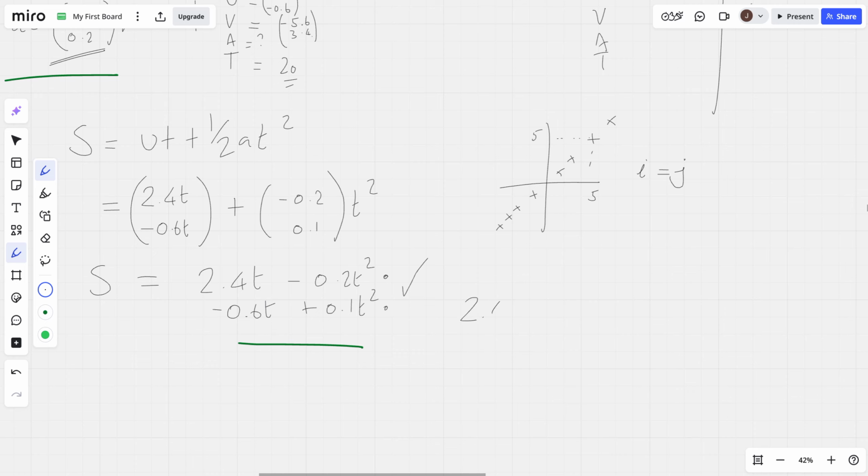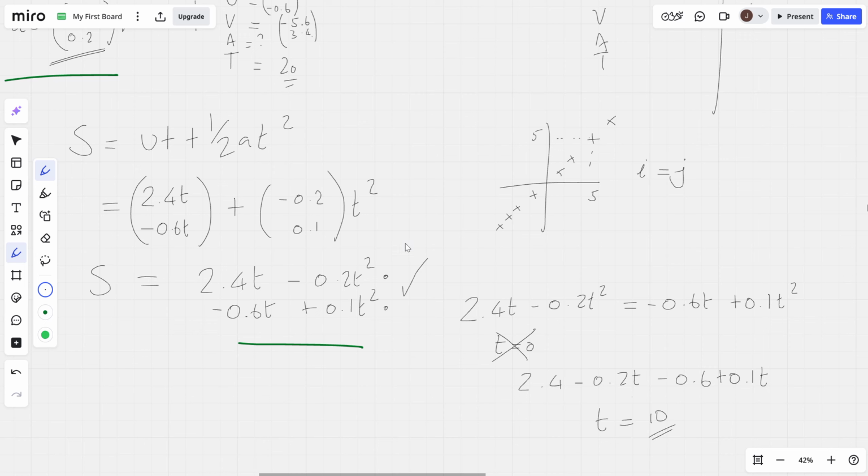So 2.4t minus 0.2t squared equals minus 0.6t plus 0.1t squared. Everything's got t in it, so if you ignore t equals 0, you can jump to 2.4 minus 0.2t equals minus 0.6 plus 0.1t, and eventually you'll get to t equals 10.